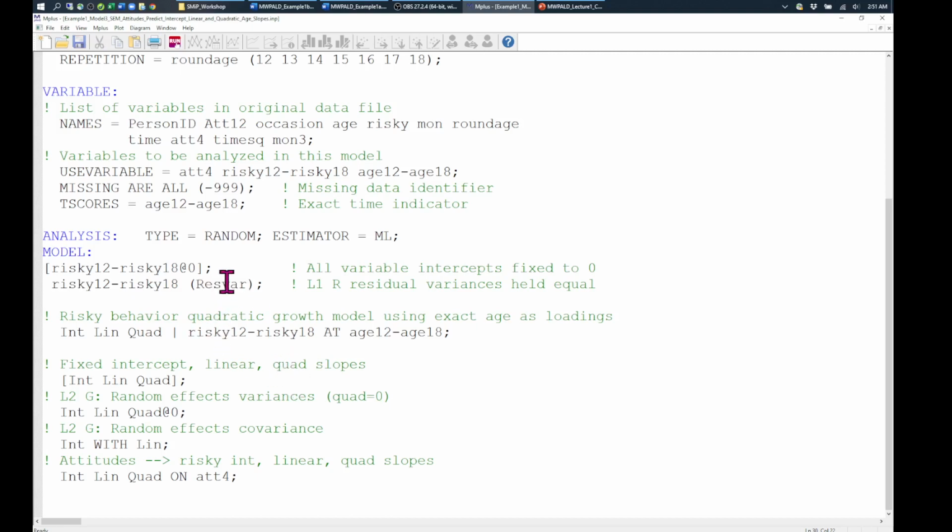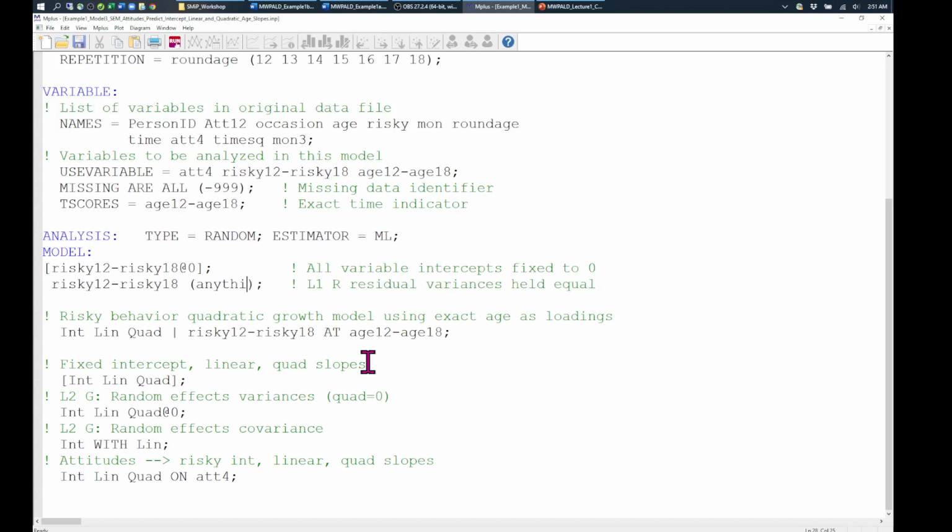So this label that I have in parentheses here is not just a label, it is also a constraint. If you type one number in here or one label, then it holds all of these parameters that occur before the semicolon to the same value. And you can type anything you want in here, as long as it's 8 characters or fewer.